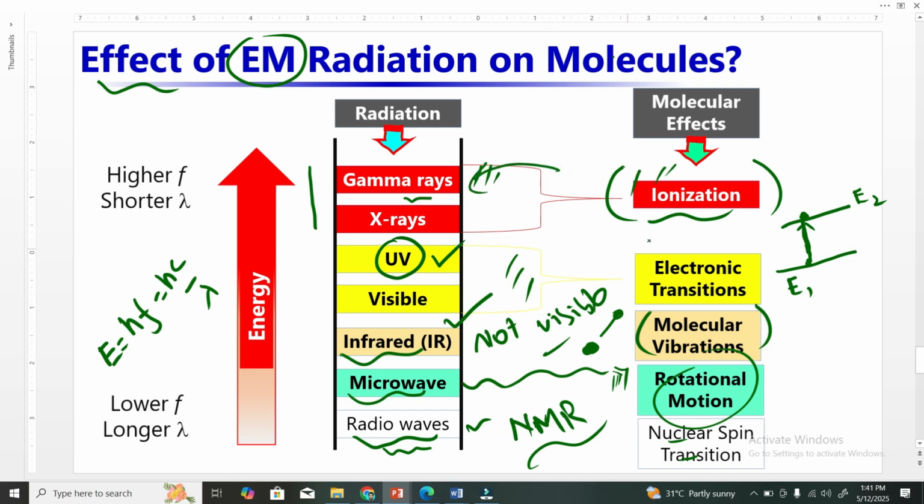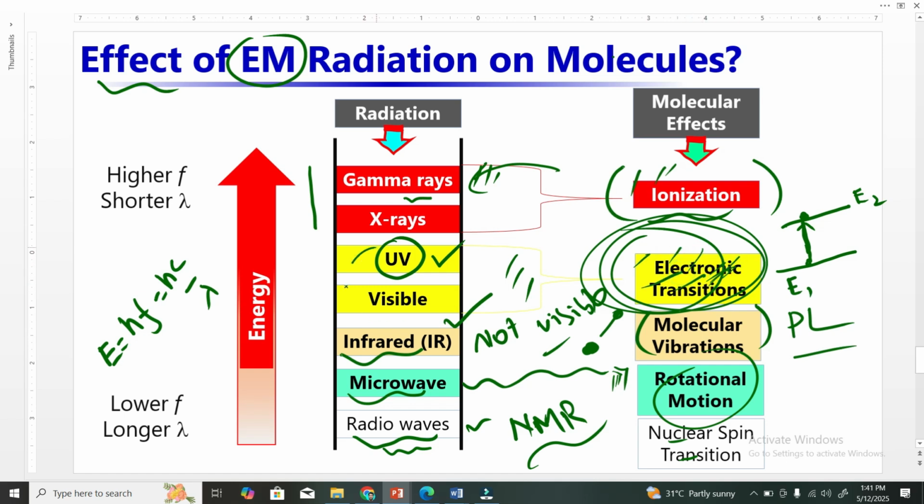If you are interested in electronic transitions, because we know photoluminescence and UV-Vis absorbance, we have to use these two radiations, visible and ultraviolet. If we want to study the molecular vibration, we have to use infrared radiation. If you want to study the rotational dynamics, the rotational behavior of the molecules, we have to use microwaves. And lastly, when you want to study nuclear spin transitions, because it's also a kind of moment, nuclear spin, we have to use radio waves.